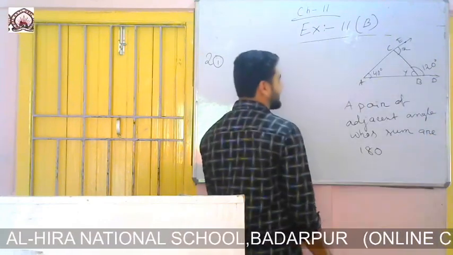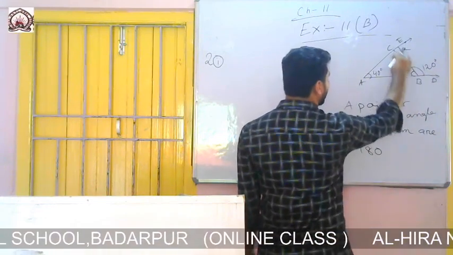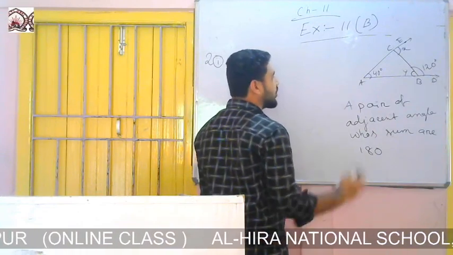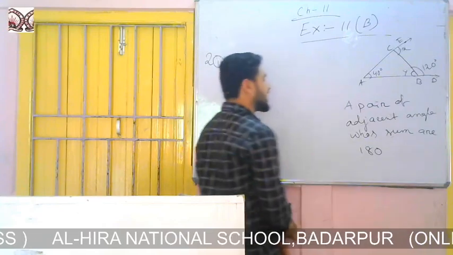That means if I add this angle Y and the exterior angle CBD, then I will get 180 degree, okay. That is linear pair.